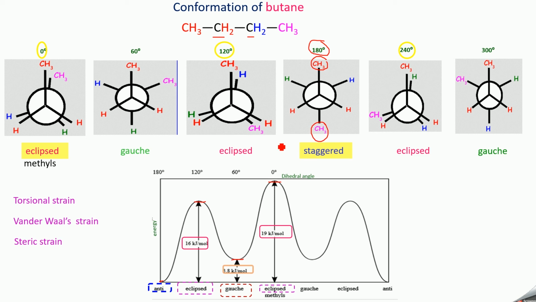So when you see the stability, the staggered form is more stable compared to the gauche form, which is more stable compared to eclipsed. So the eclipsed form is highly unstable. So at 180 we are getting the staggered form, otherwise called the anti form, whose potential energy is very less. It's a more stable form. So this is about the conformation of butane.